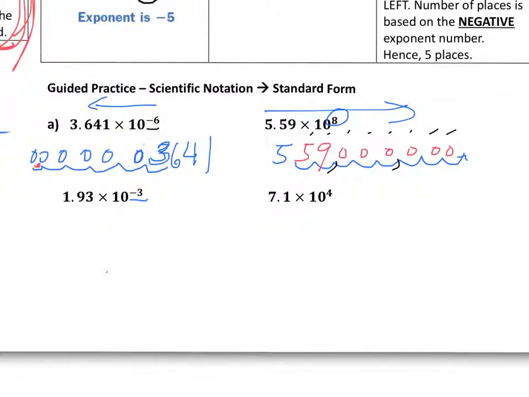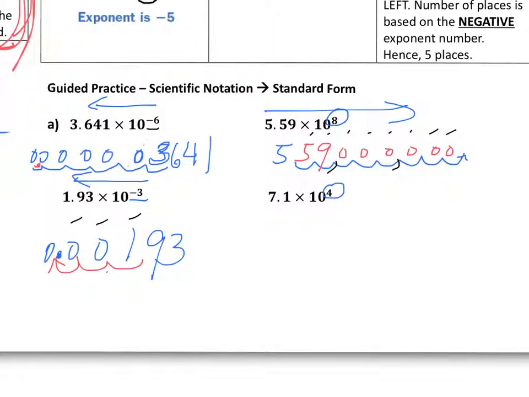And here we have a negative 3 power, so we need to shift to the left. Write this down. I'm going to use a different color now. 1, 2, 3. Okay. Oh, let me draw an arrow here so you can see. Okay, so 1, 2, 3. All right, that's our answer.